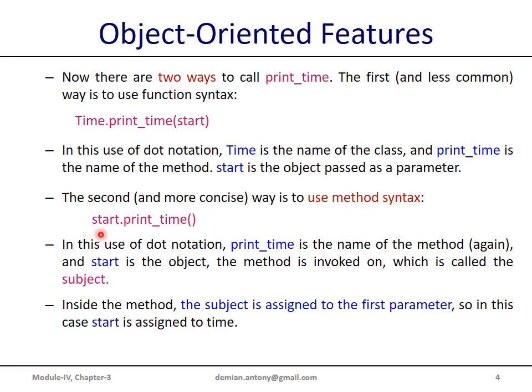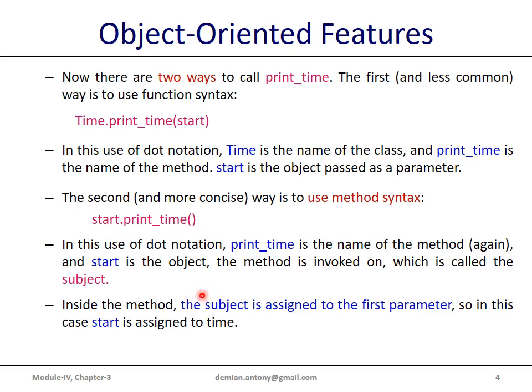This implicit object is also called the subject. This represents the object on which the method is invoked. The start is the subject. It is the object on which the method print time is invoked. That's why we call it the method syntax. Always we use a subject object to invoke the method.